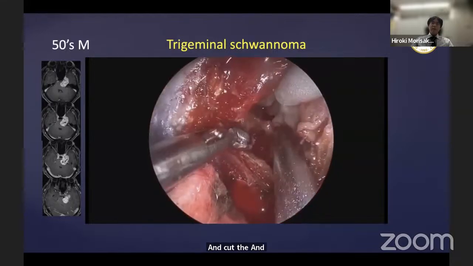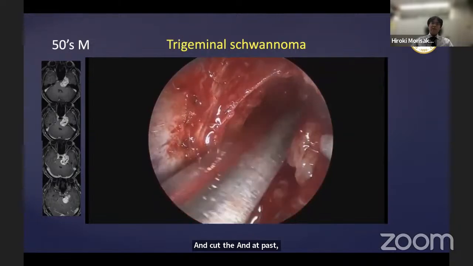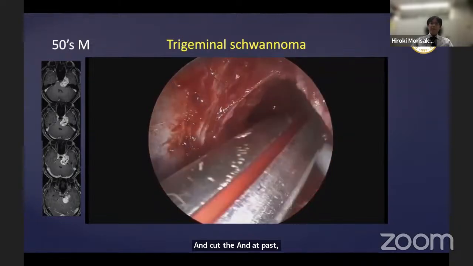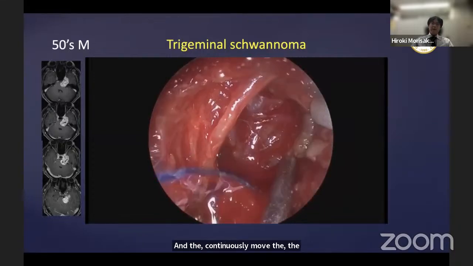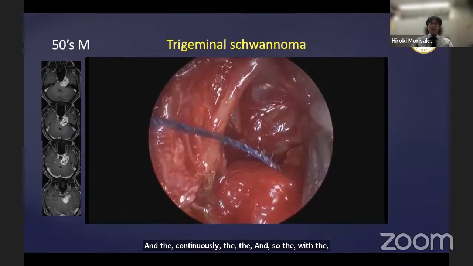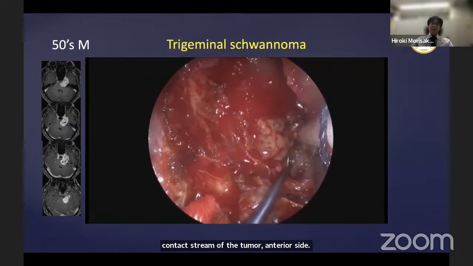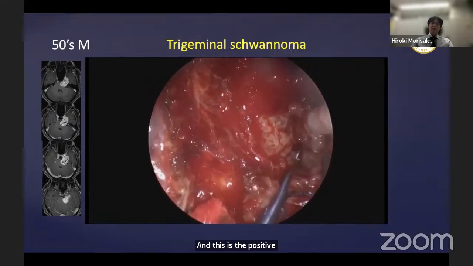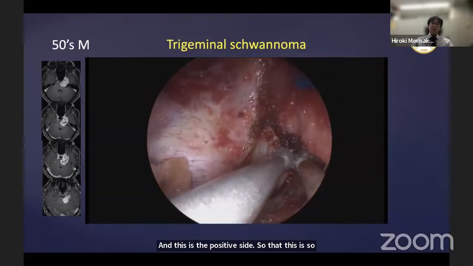At first, we did internal debulking of the tumor at the Meckel cave and continued removing the tumor on the anterior side. And this is the posterior side. Some part is obstructed by the petrous bone.